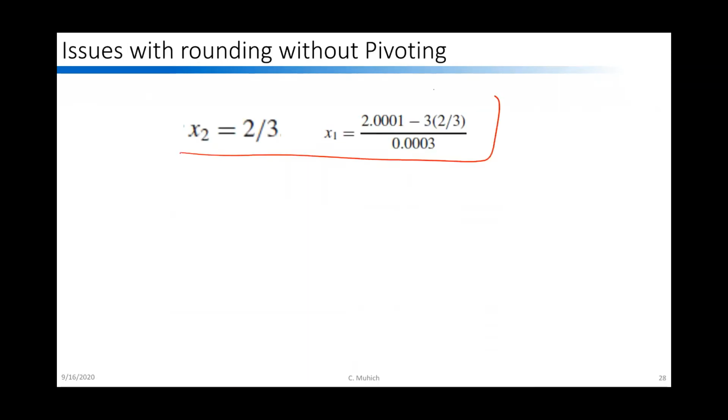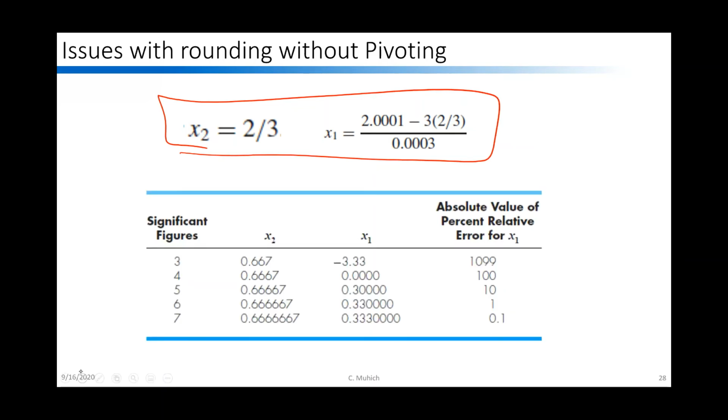Here I've written out those two equations again. x2 is 2/3. x1 is 2.0001 minus 3 times 2/3 over 0.0003. Okay. We have to tell the computer how many significant figures we are going to represent x2 by. So let's say we're relatively lazy, so we tell the computer you only need 3 significant figures.